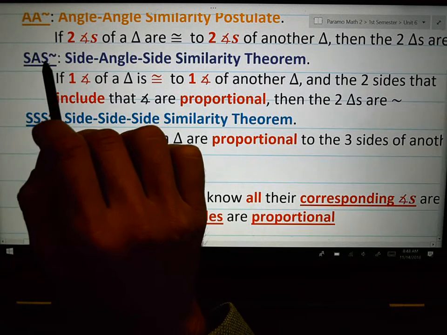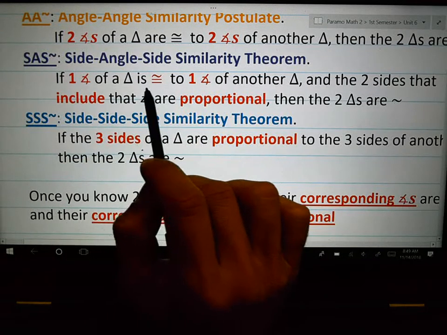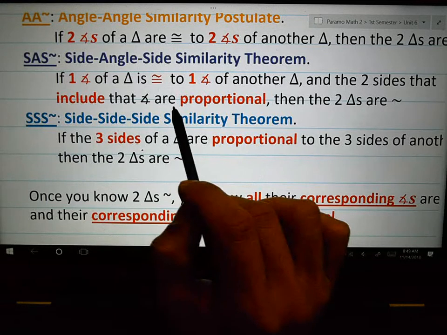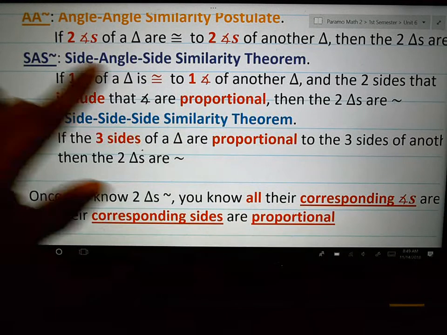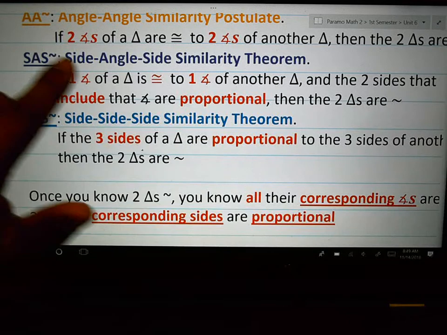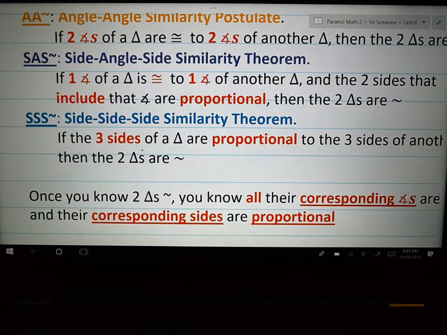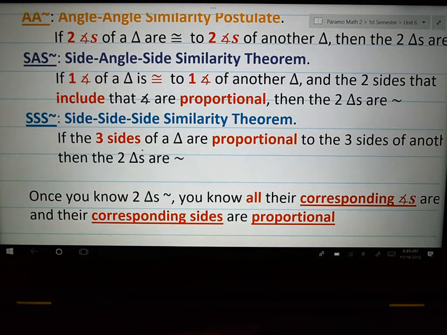The SAS Similarity is if you have one angle of a triangle congruent to one angle of another, and the two sides that include that angle are proportional, then the two triangles are similar. So here is where we have to check to see if, while one angle is the same, the sides are proportional. If they are, then you can use SAS Similarity.